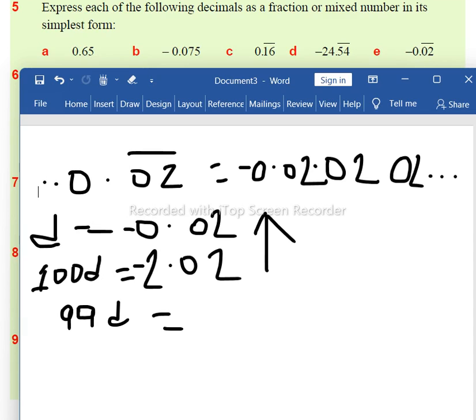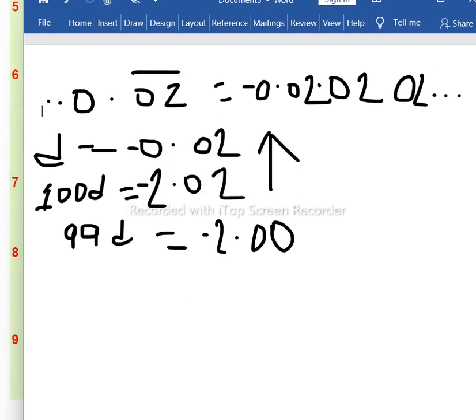So we can subtract from this number from this, so 2 minus 2 we get 0, 0 minus 0, 0, which is 0, so 2 minus 2 minus 0, which is minus 2. We get like this, we can write like this. After that it will be minus 2 over 99.